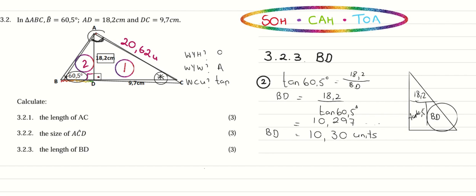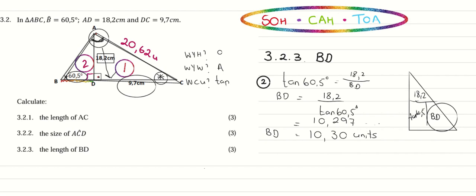And then you could have used angle A to find the entire hypotenuse and then subtract 9.7 from it. So that's your second option. I think that any option besides the one I just did is very extensive and time wasting, and so I would prefer if you just go with the easiest option.